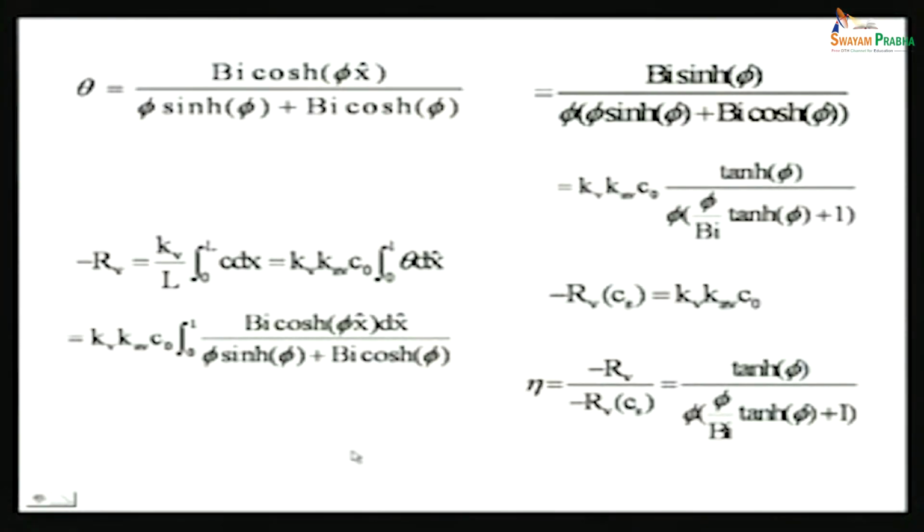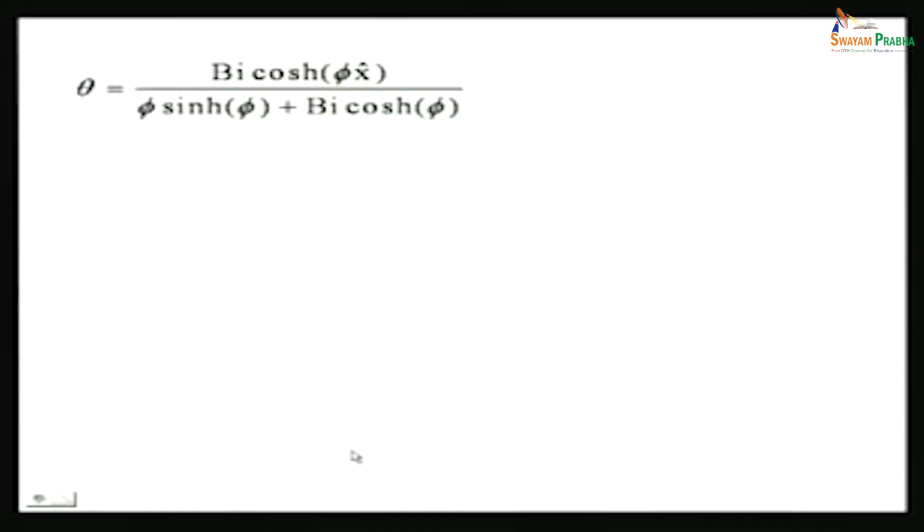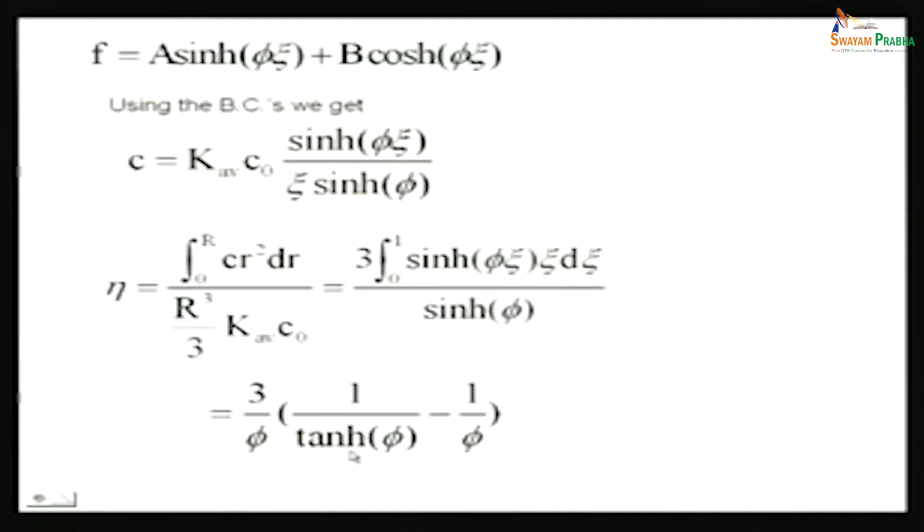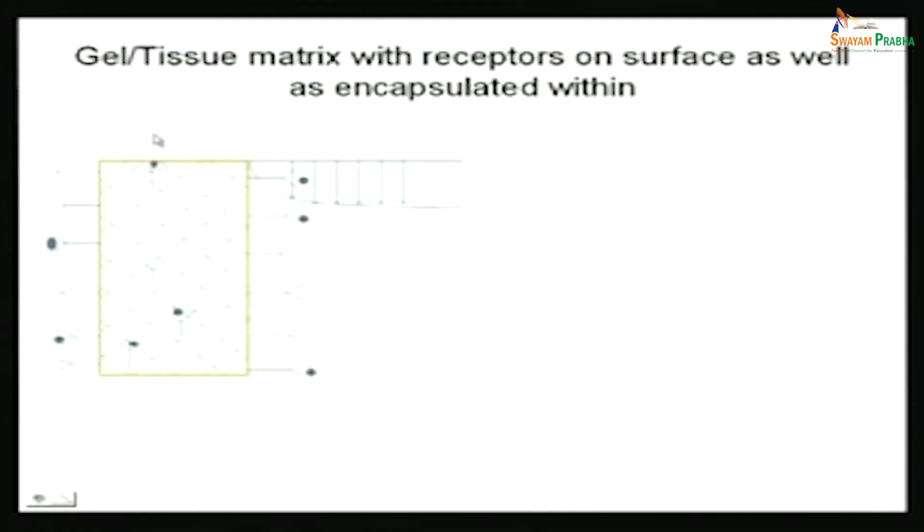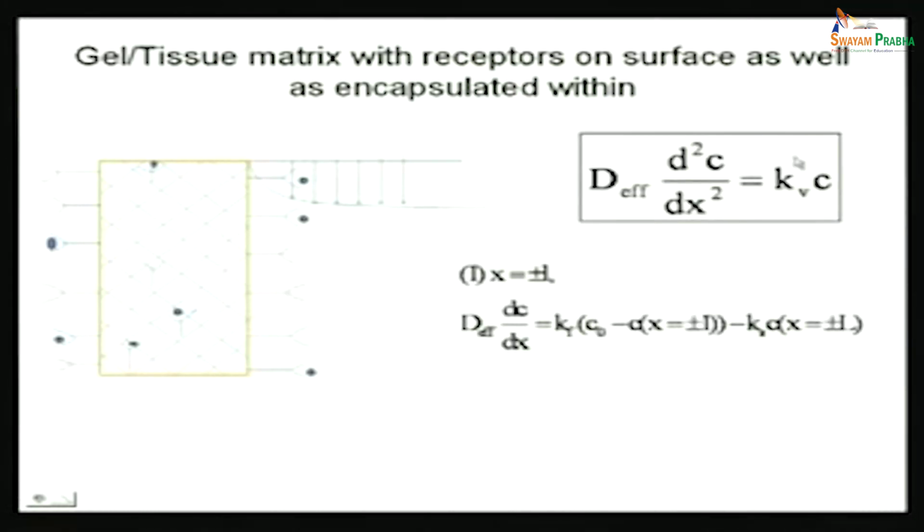So we did look at effectiveness factors in certain geometries. If we go to the slide, this is the last thing we did. If you remember, we looked at encapsulated enzymes with reaction taking place both inside and outside, and it was a little complicated in terms of the boundary condition, so we took a simple geometry.